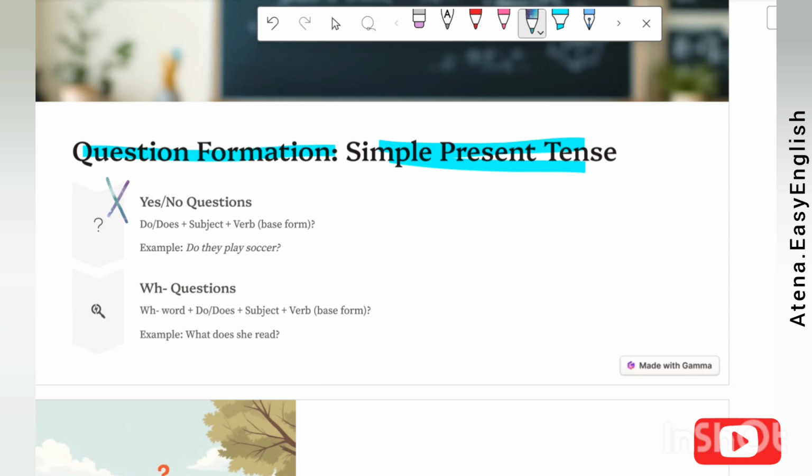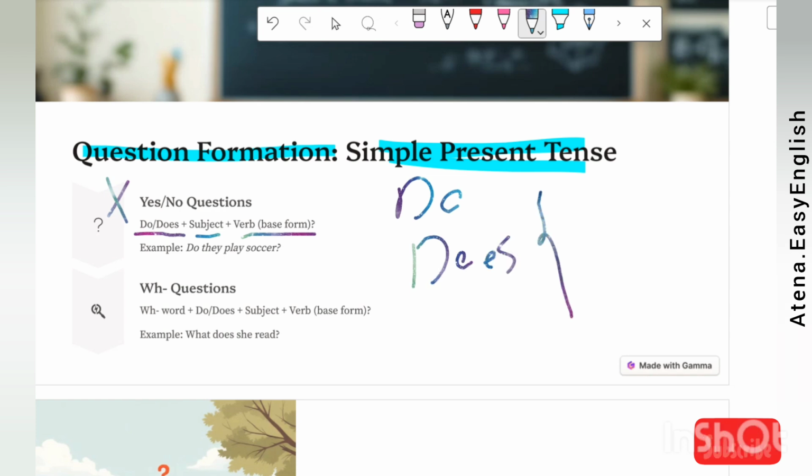We use do and does in simple present, plus subject and then a verb. Do they play soccer? Does she play tennis? So we use do and does. And we use does when we talk about she, he, or it.